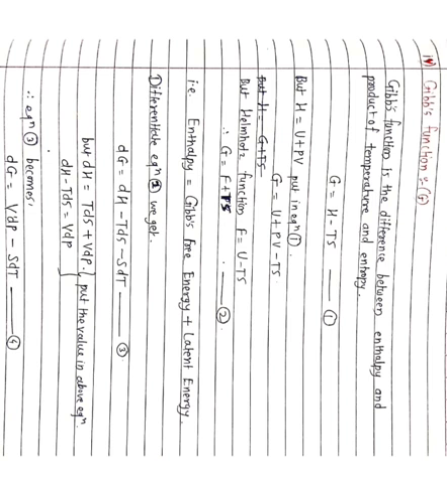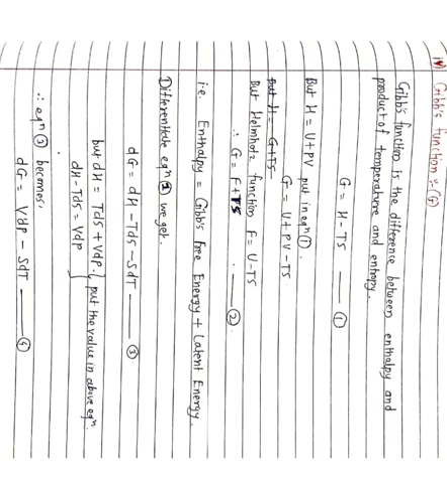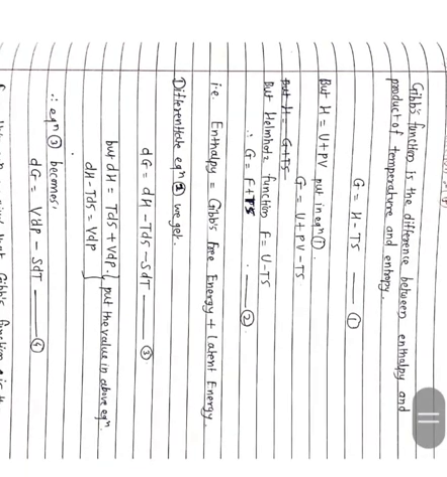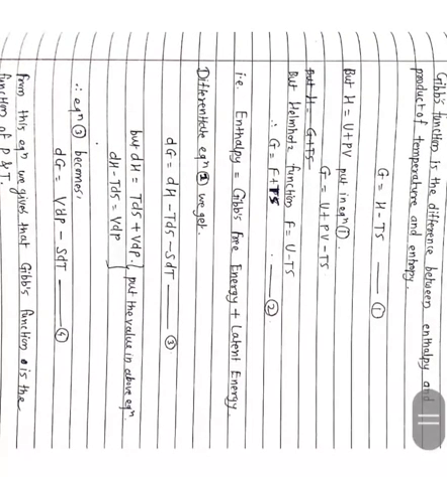Put this value in equation 1, we get G is equal to U plus PV minus TS. But the Helmholtz function F is equal to U minus TS. Therefore, G is equal to F plus PV. This is equation number 2. That is, enthalpy is equal to Gibbs free energy plus latent energy. TS is the latent energy and F is the free energy.